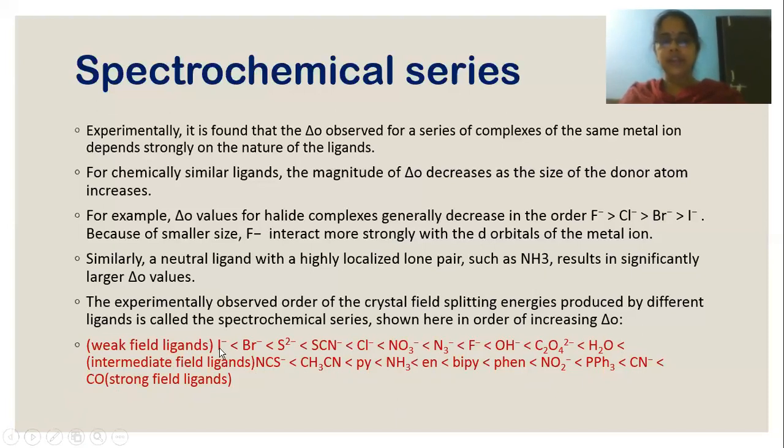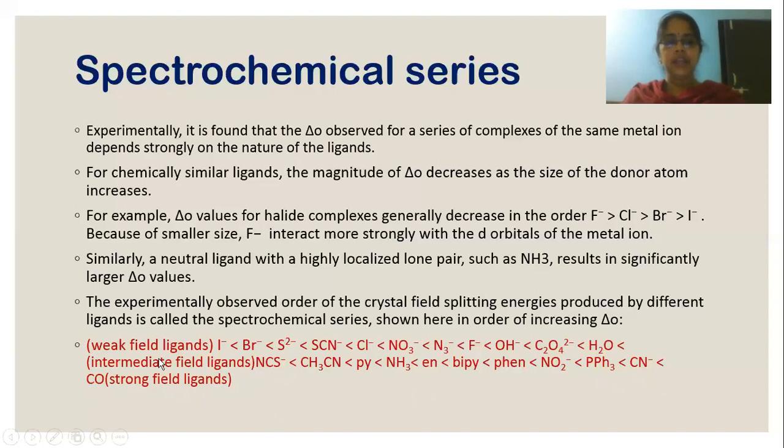Weak field ligands produce high spin or spin free complexes, and they contain more unpaired electrons, whereas strong field ligands produce low spin or spin paired complexes. They contain fewer unpaired electrons.